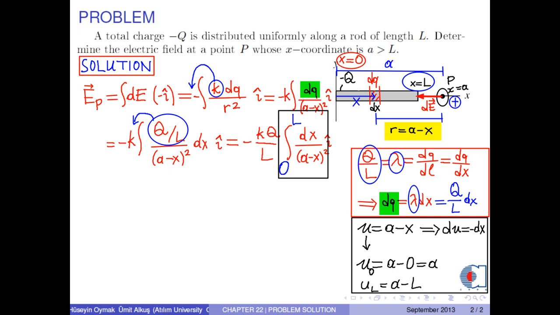The electric field becomes negative k times Q over L times integral of negative du over u squared, i hat, with the integral limits a and a minus L.